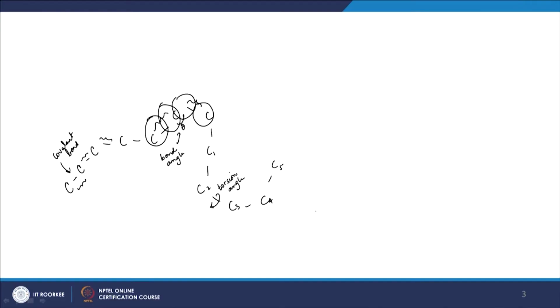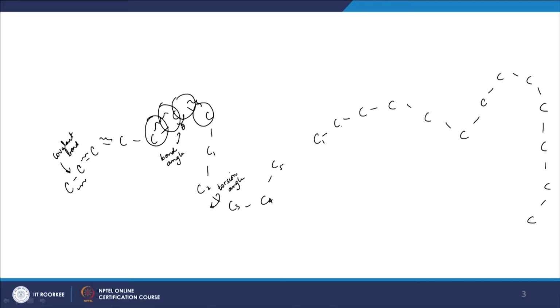So if I go to carbons which are further along the chain, the interactions will be weaker and weaker and so on. Okay. What it really means is, if I look at this kind of a polymer chain, beyond a certain number of carbons, the positions of the carbons distant along the chain become somewhat uncorrelated.